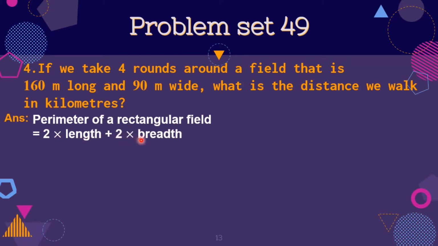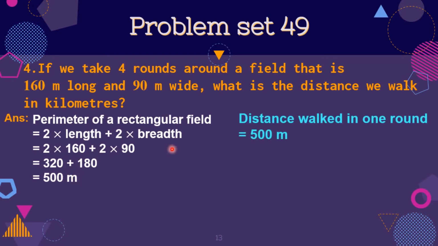So let us put the value of length and breadth in the formula. So we get 2 into 160 plus 2 into 90, which is equal to 320 plus 180, which is equal to 500 meters. So this we get the distance walked in one round.